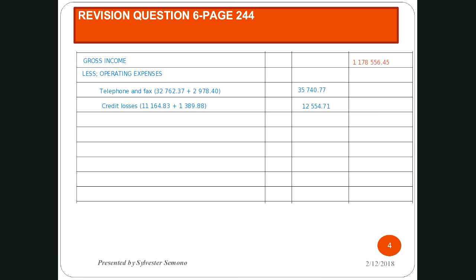Information number 10. We need to deduct what? 1,400. And how much is it? Let's double check. 32396.31 minus 1,400.